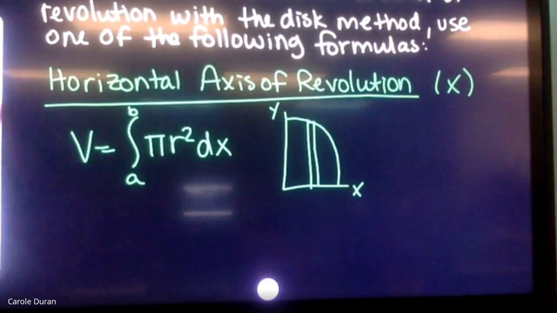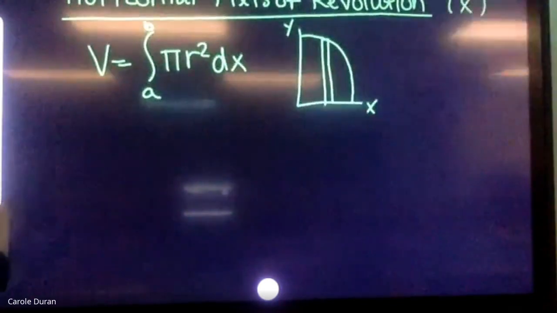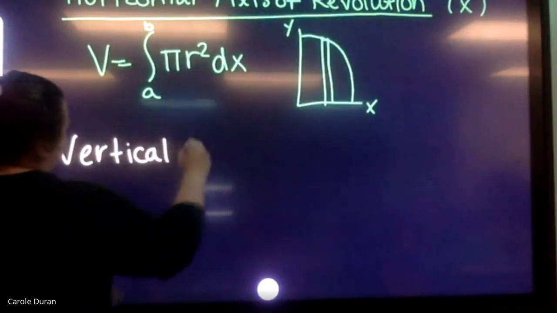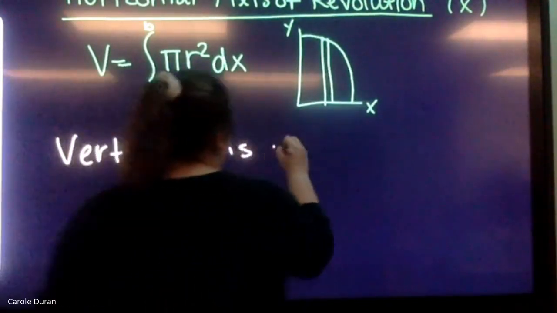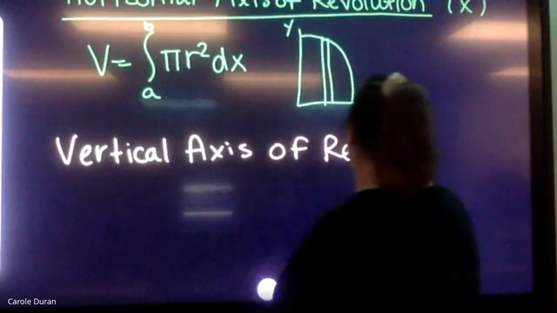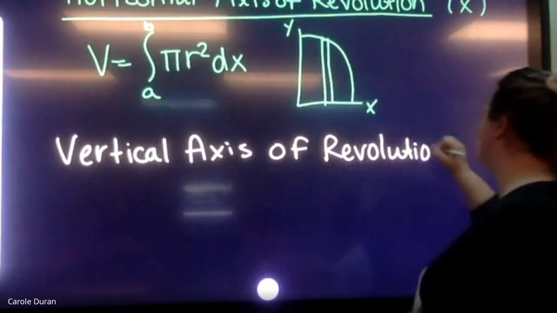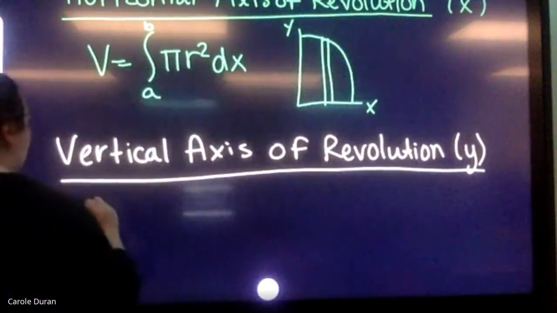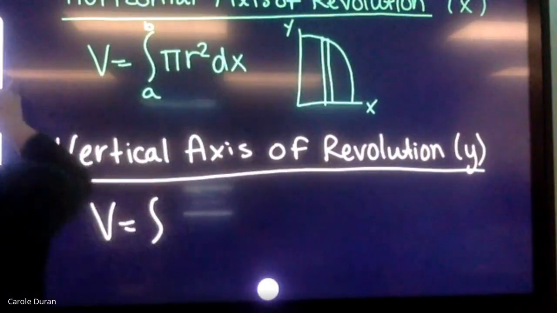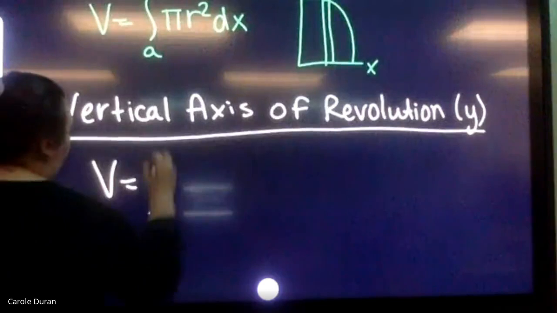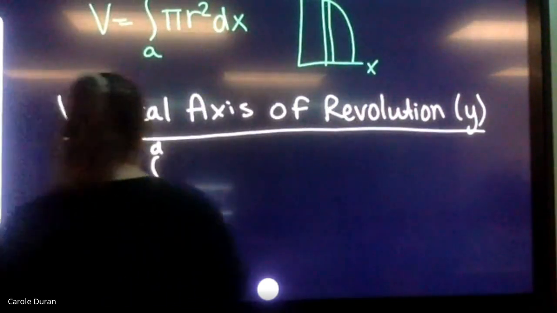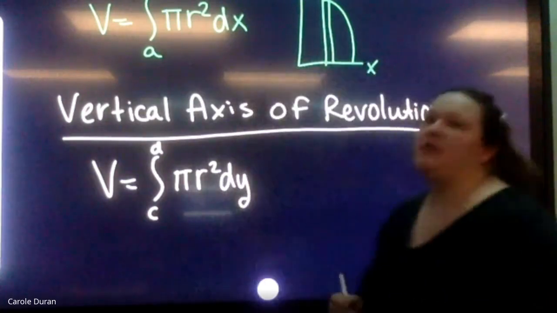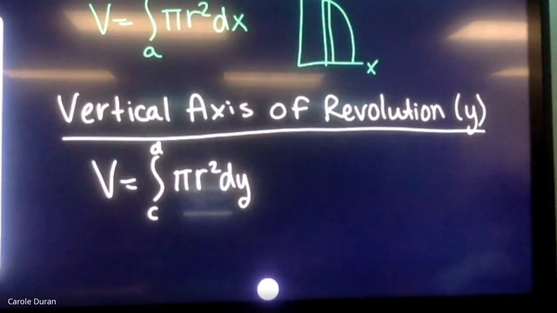Okay. So then we can also have a vertical axis of revolution, which, what do you think that's in terms of? Y. Which means that our volume integration would go from c to d, which are the parameters it would give me, of pi r squared dy, where our radius would be in terms of y instead of x.